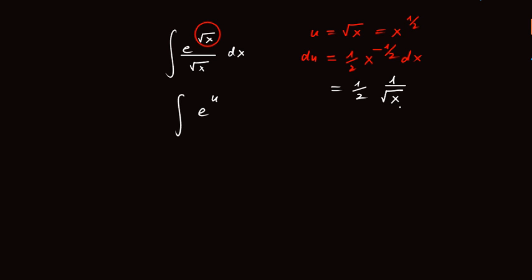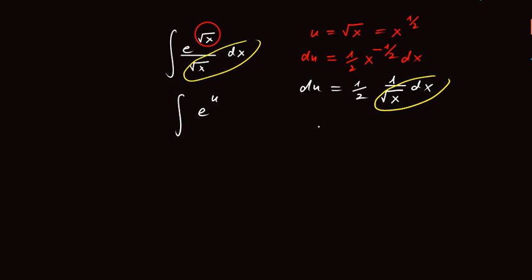So x to the minus 1/2 is the same as this, and then dx, just by algebra. And we see that this part is the same as this part. So the only difference between what I want to substitute in and this part is the 1/2.